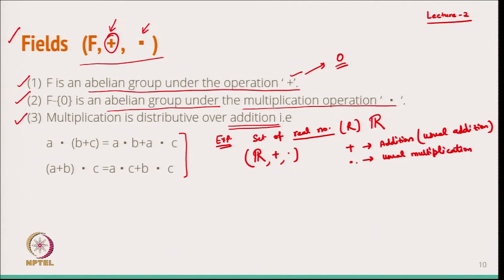Usual multiplication means whatever multiplication we generally take for the set of real numbers; that multiplication we are defining here. Now let us start with the properties.